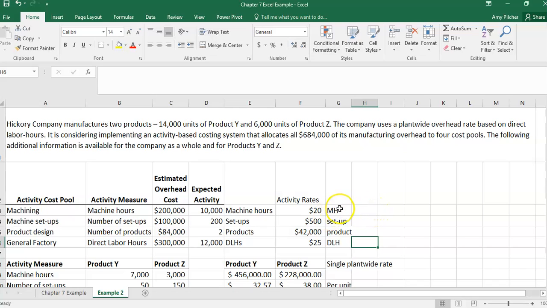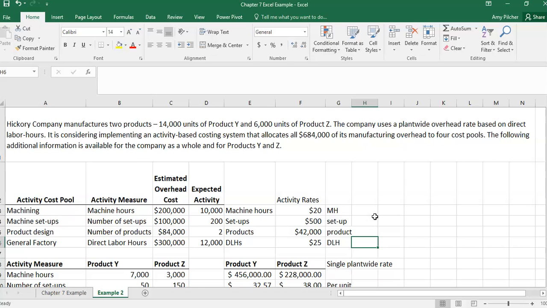Unit level activities apply to all units. These are our machine hours and our direct labor hours. Batch level activities apply to a set number of batches. Setups are always batch level activities. So a machine setup allows us to create a batch of a particular unit.